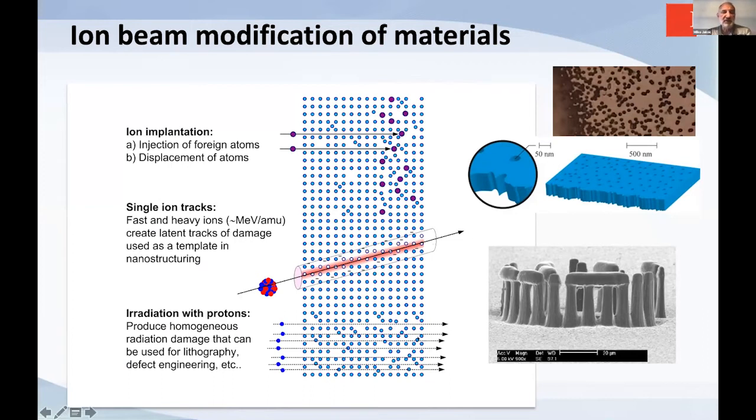You can also irradiate with protons to create much more homogeneous damage. This is one micro machining picture of Stonehenge, done at, let's say, 100 microns or so. So there are many different applications, but as I said, that will be left for some other occasion.